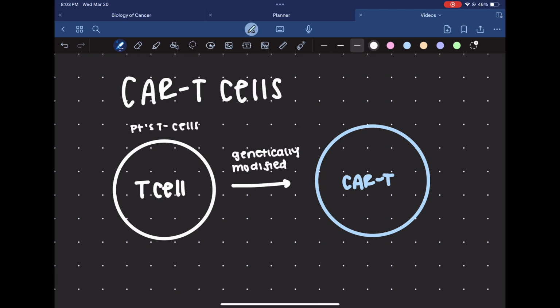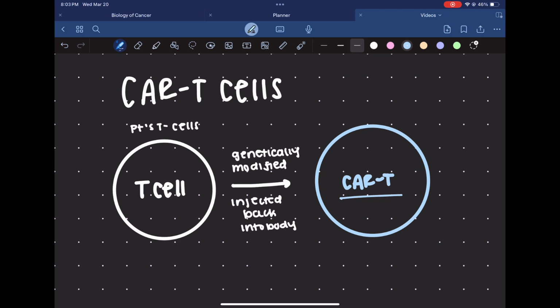And then they are injected back in, and the result is these CAR T cells, which are new and improved versions of T cells that have increased function and maybe an increased ability to fight cancer.